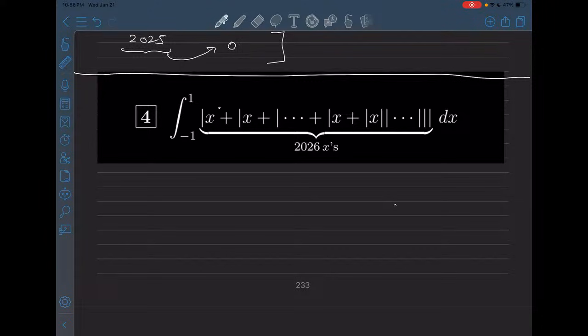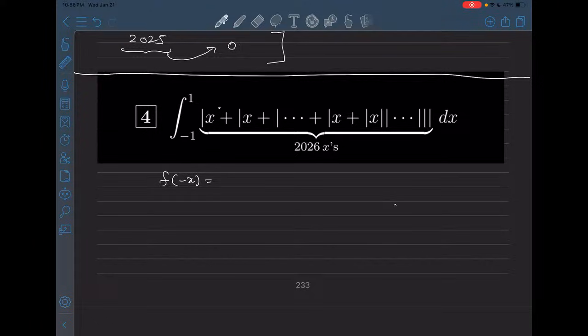So we have the integral from -1 to 1, right? And there are 26 such things. Okay, first of all, let's see the even-oddness of this thing. So let's say I plug in -x, what do I get?